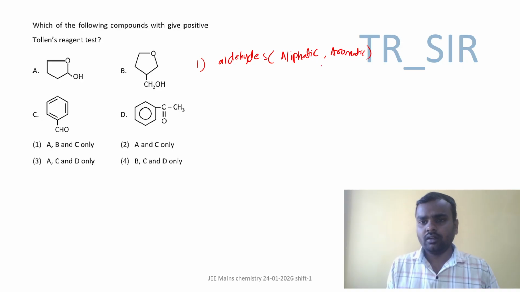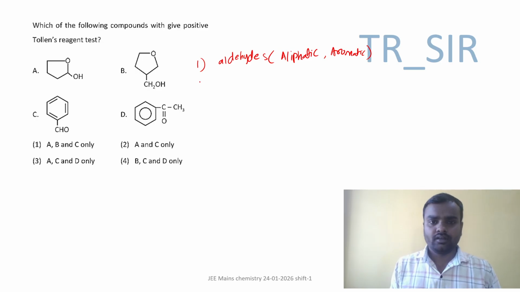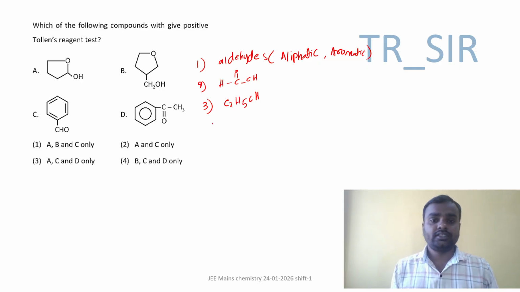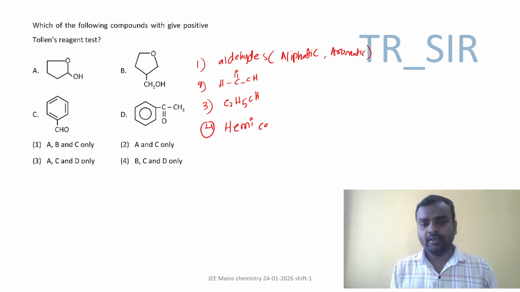Both will give it. Formic acid will also give the Tollens reagent test. Then ethanol also will give the Tollens reagent test. The fourth one, hemiacetal, also will give it.